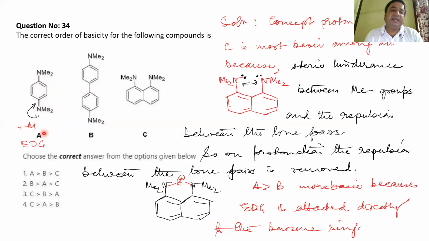So obviously, we will say A is more basic than B, and as we have discussed before, C is most basic among all of these. So the order would be C followed by A, then followed by B, and that would make the answer option 4.